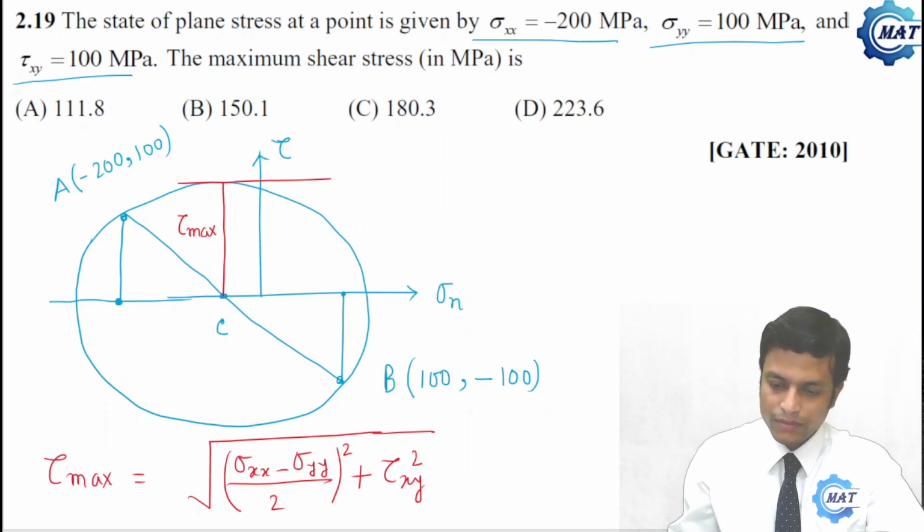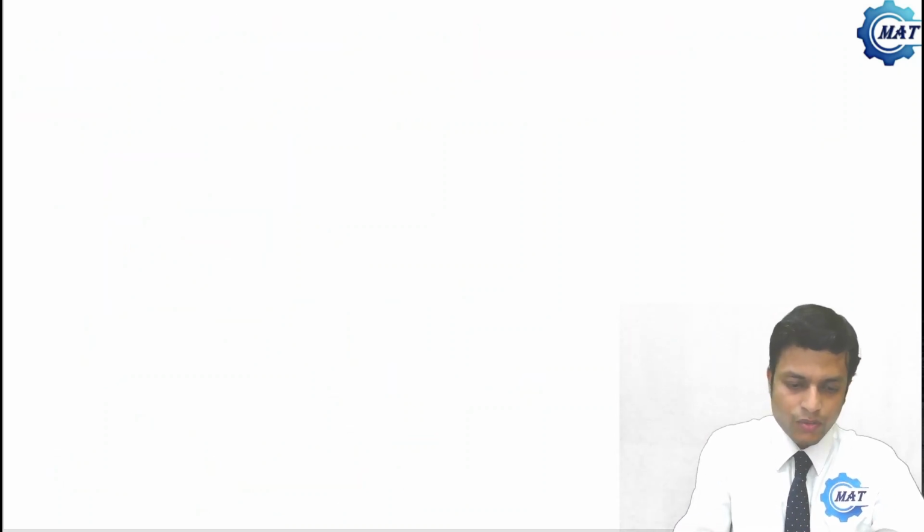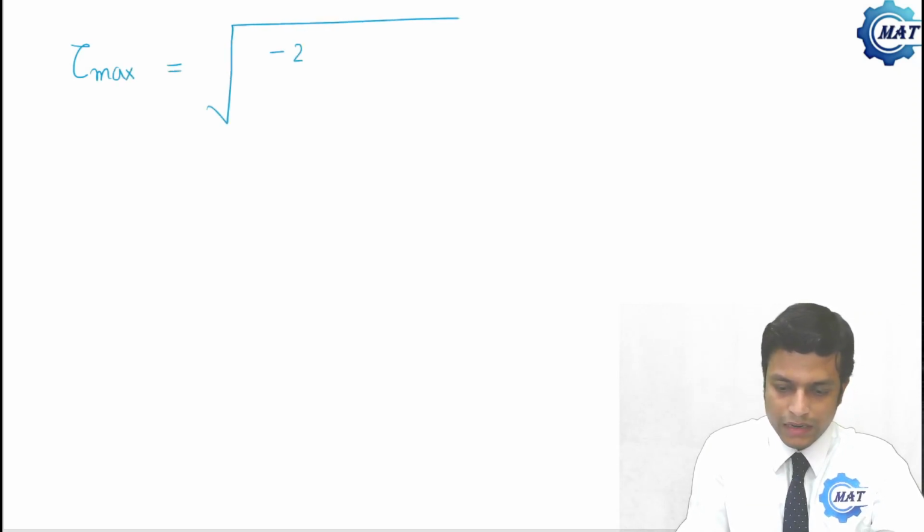Put the values. Sigma xx is minus 200, sigma yy is 100, and tau xy is 100. So putting the values, tau max is root over ((minus 200 minus 100) divided by 2) whole square plus 100 square.